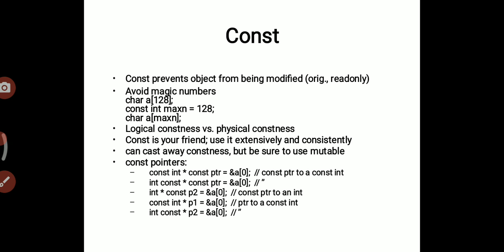The next topic is Const. Const prevents an object from being modified. It is read only, to avoid magic numbers. The character array is of size 128. The constant is the maximum number, 128.